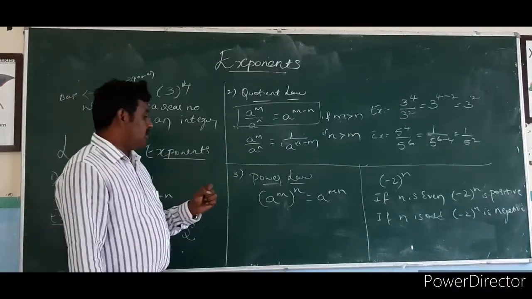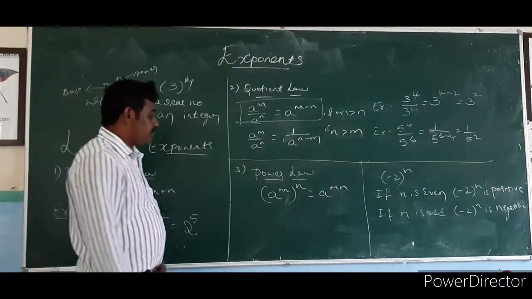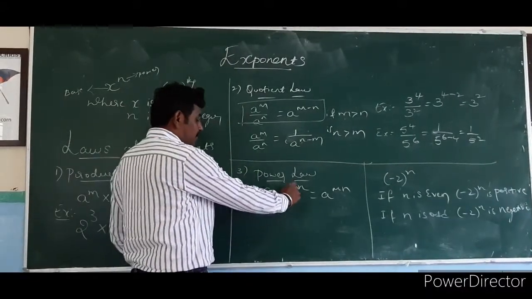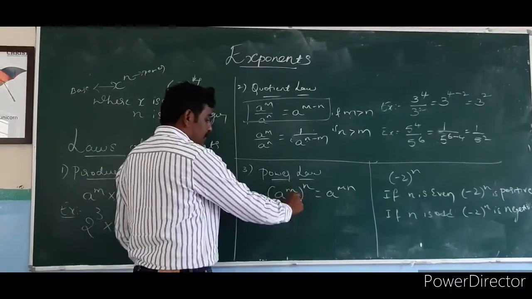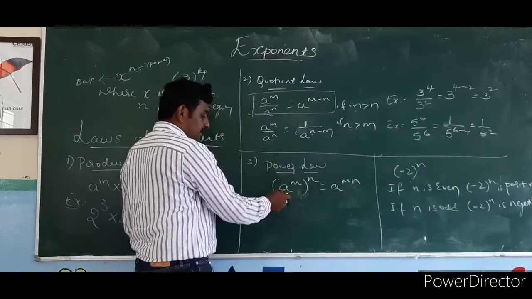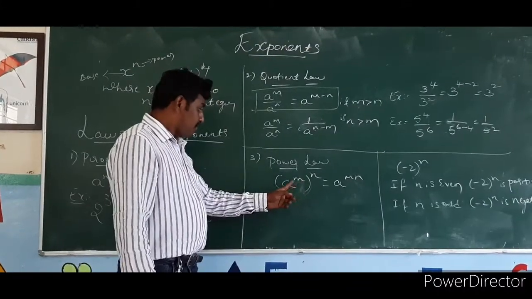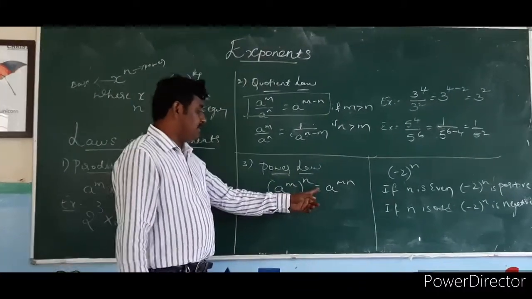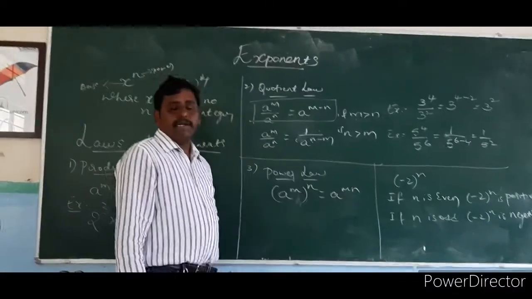Next law is power law. Here a to the power of m whole to the power of n. Here m and n, same base a only. What does this power law indicate? a to the power of m into n, just multiply m into n.